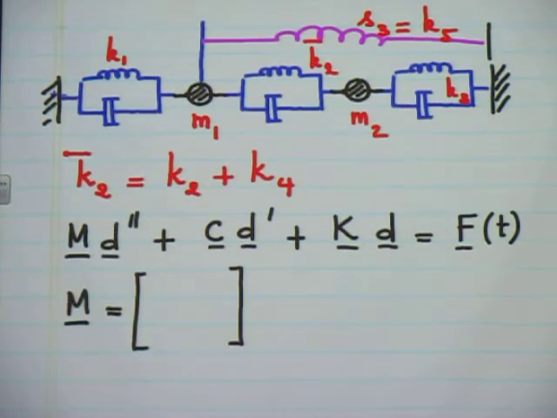So while I write it down, why don't you think about the damping matrix? Well, let's think about the stiffness matrix. Oh, okay, that's fine. The damping matrix next. Okay, while I write this down.